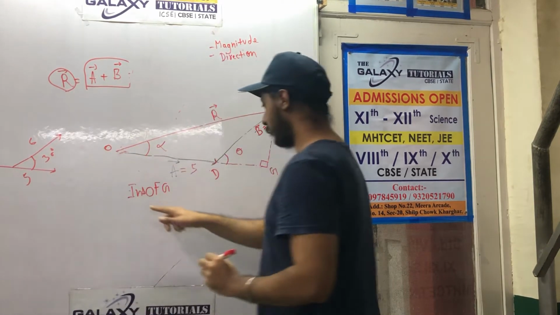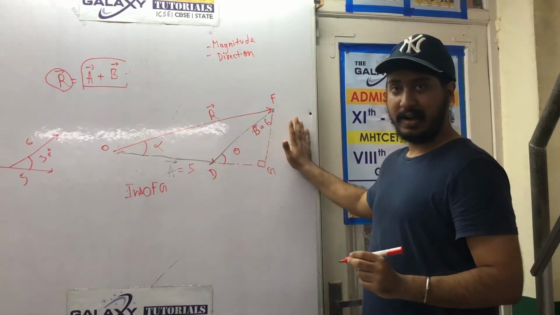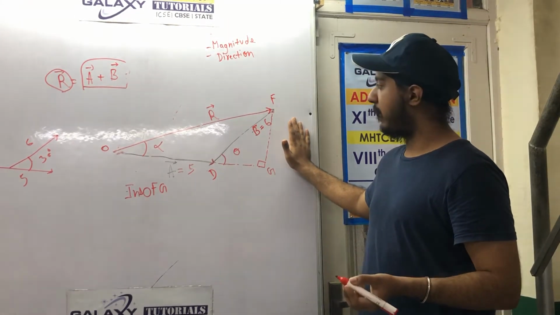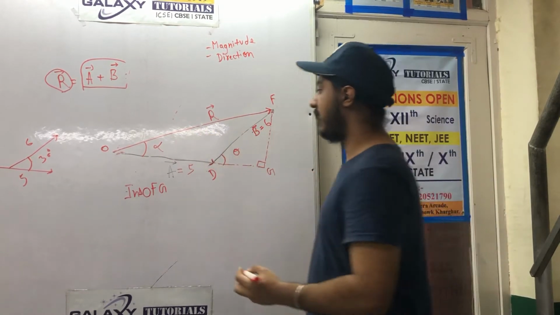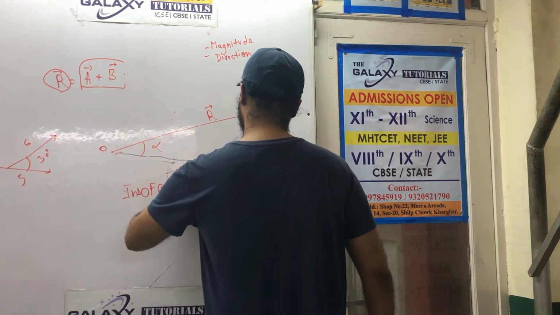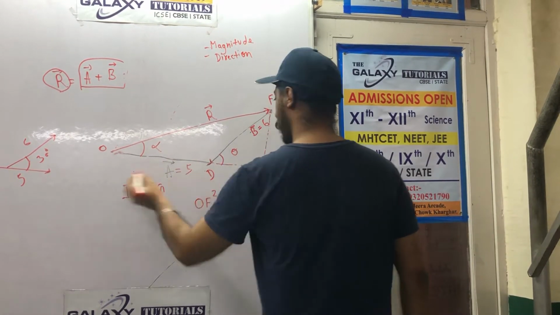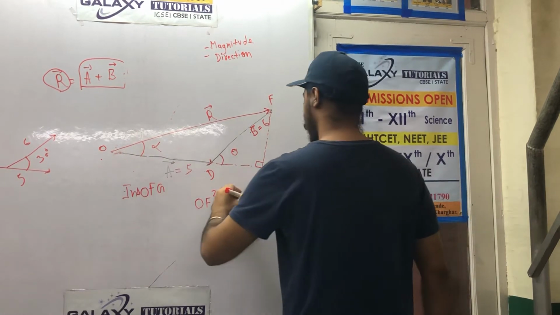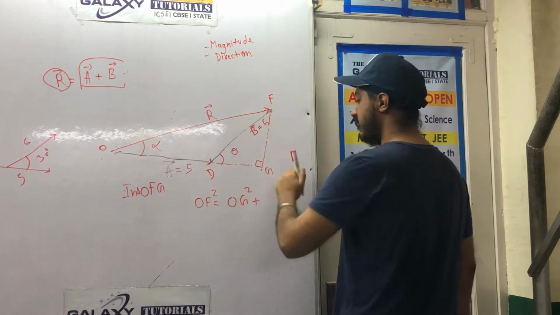As you can see, this is a right angle triangle. You all know the Pythagoras theorem. The Pythagoras theorem states that OF square is equal to OG square plus FG square.